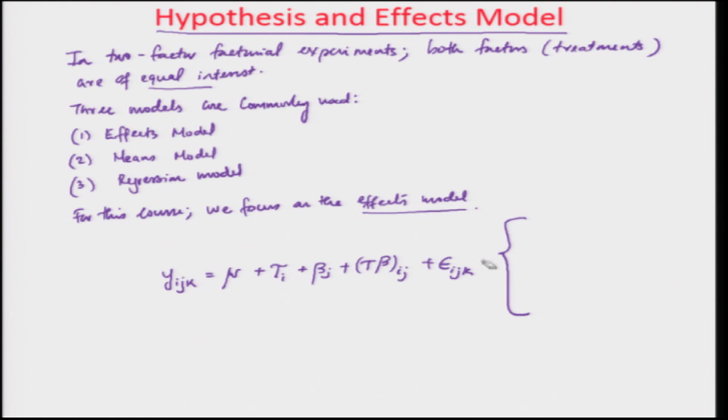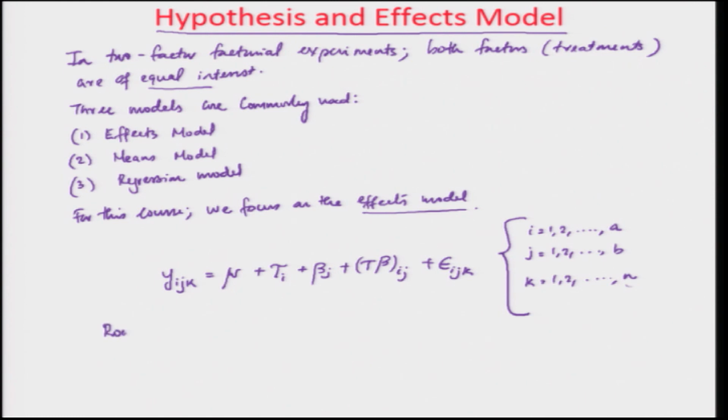i, j, k, where i varies from 1 all the way to a. There are a levels of factor A. j varies from 1 to all the levels of b, which is for factor B, and k varies from 1 all the way to little n. Little n will be the number of replications or number of observations. Okay. So, how many observations are there? That is why. Okay.